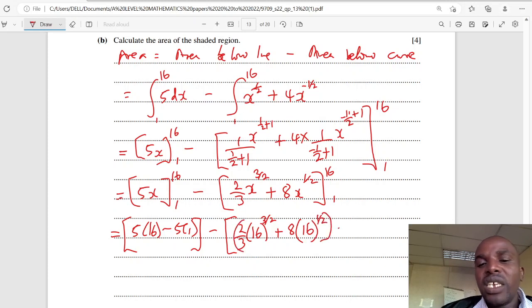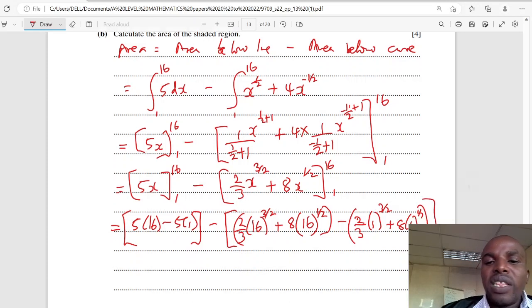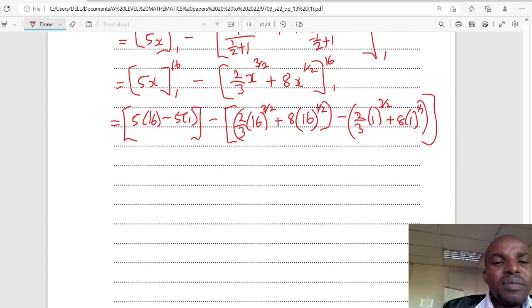Put bracket here. Then minus, 2 over 3, where there's x you put 1, the power 3 over 2, plus 8 times 1 to the power half. Then big bracket.